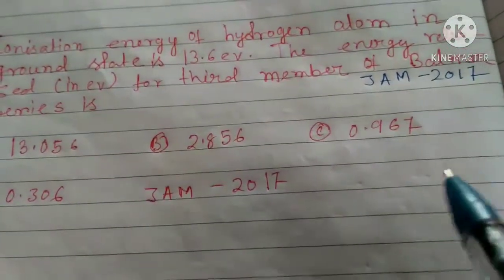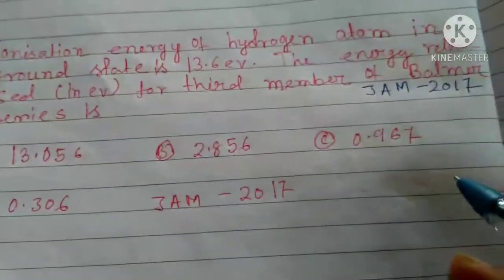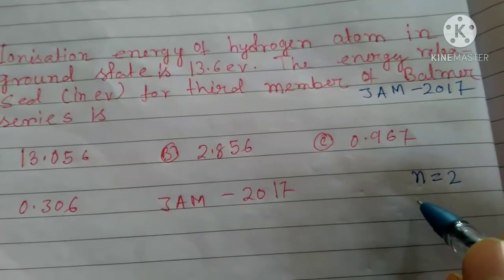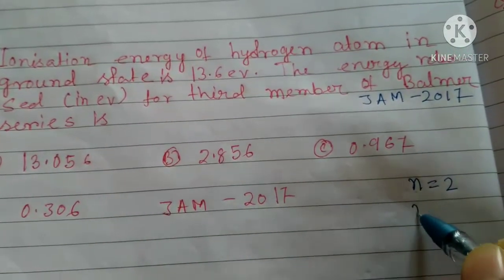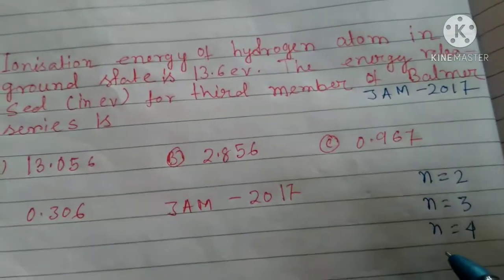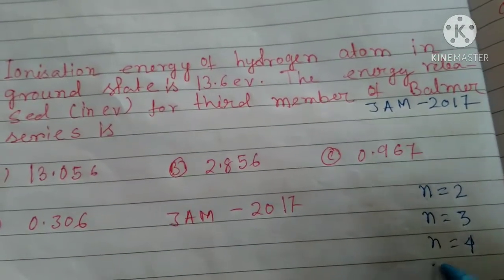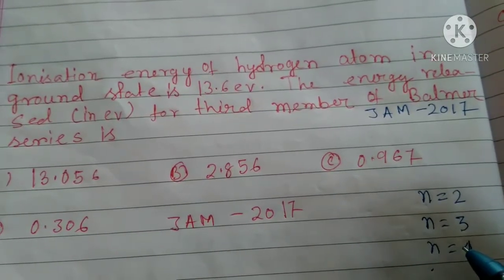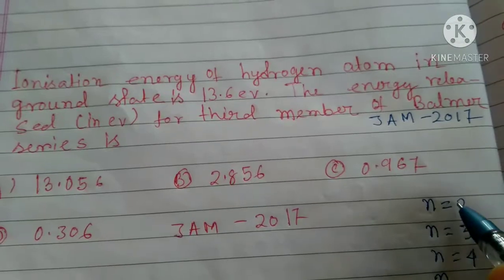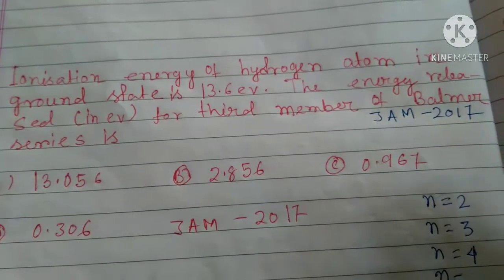The first member of Balmer series is n equals to 2. So the second is n equals to 3, third is n equals to 4, and so on. Counting from the ground state, 1, 2, 3, 4, 5.